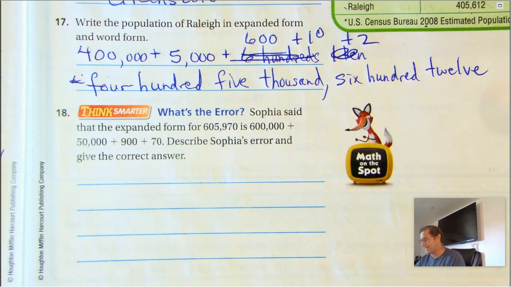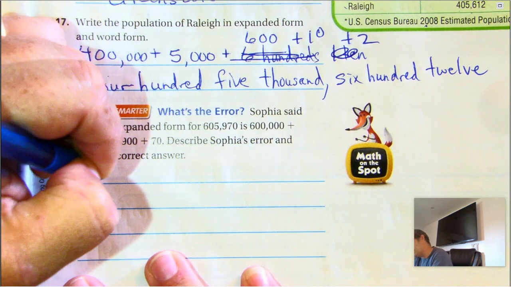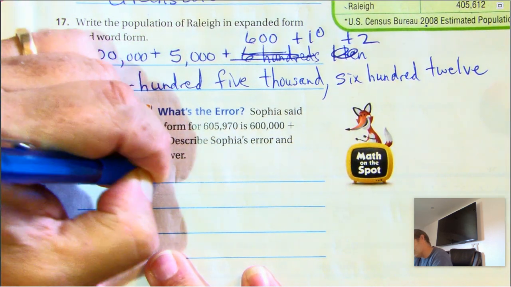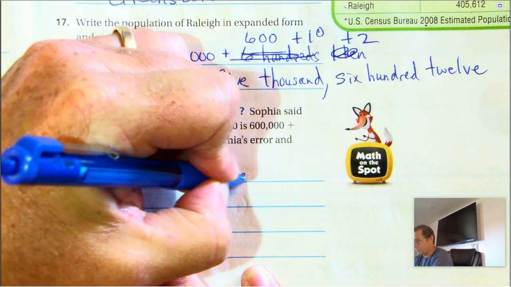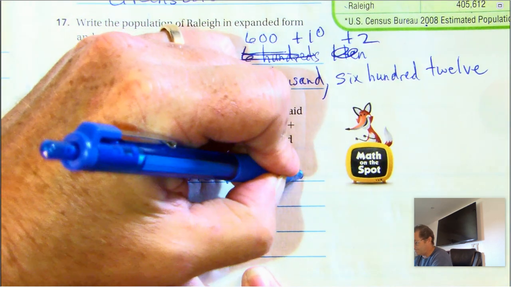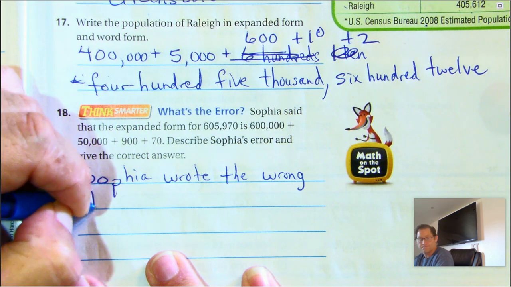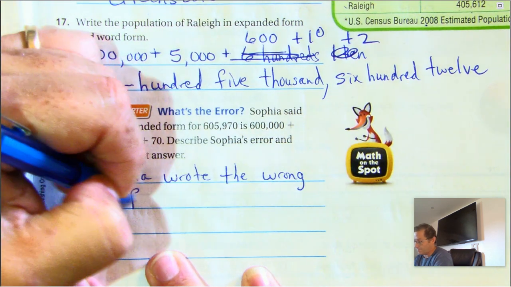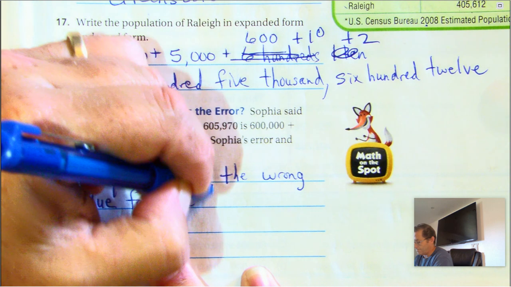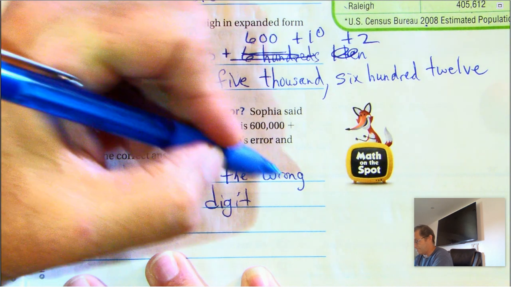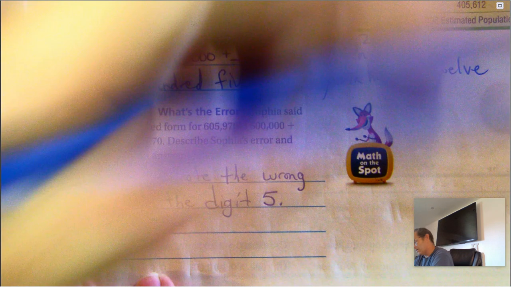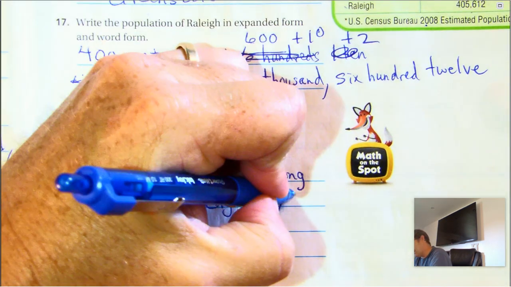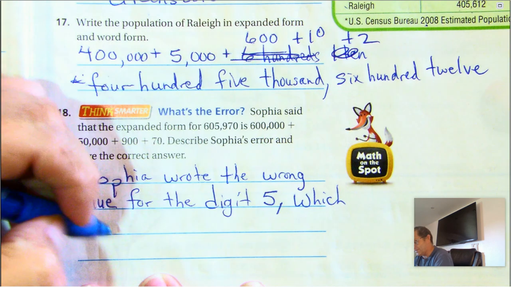So I think she made a mistake with the 5 digit. So Sophia, what did she do? She wrote the wrong value for the digit 5. The digit 5 is in the 1,000s place.